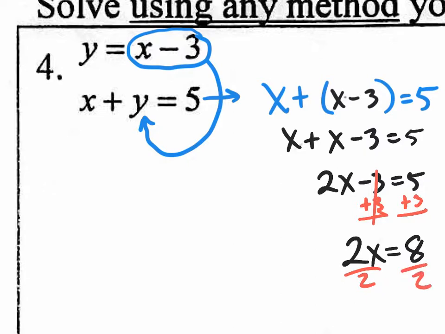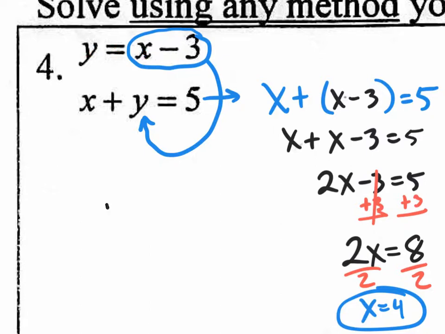By the way, if I'm working too fast, it'd be a good idea to pause it on each step, and then you keep going if you're trying to keep up with this at home. So our final answer is x equals 4. That is an answer. But we need the other answer. So how do we find the other one? If you know one of them, plug it in to any one you want and do the other. So it'll say y equals 4 minus 3.